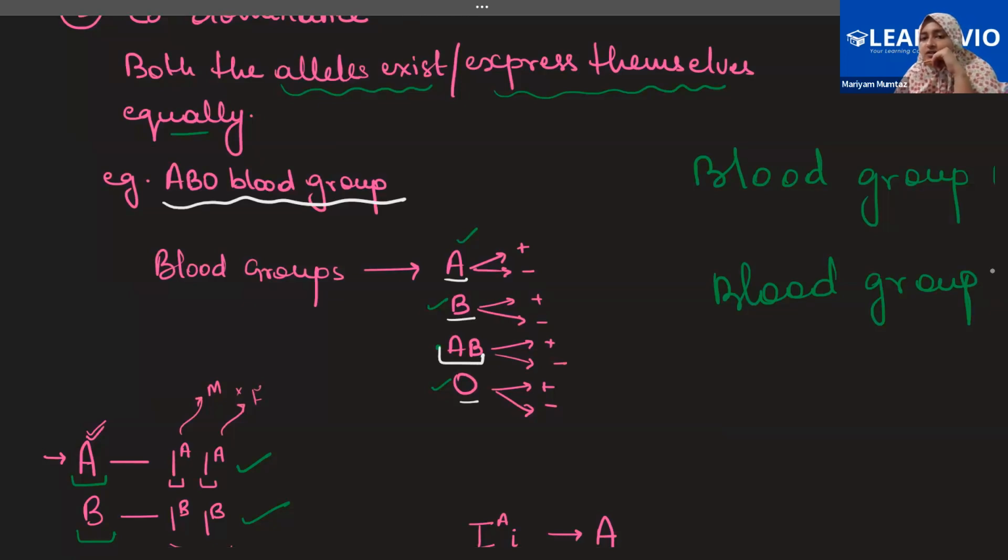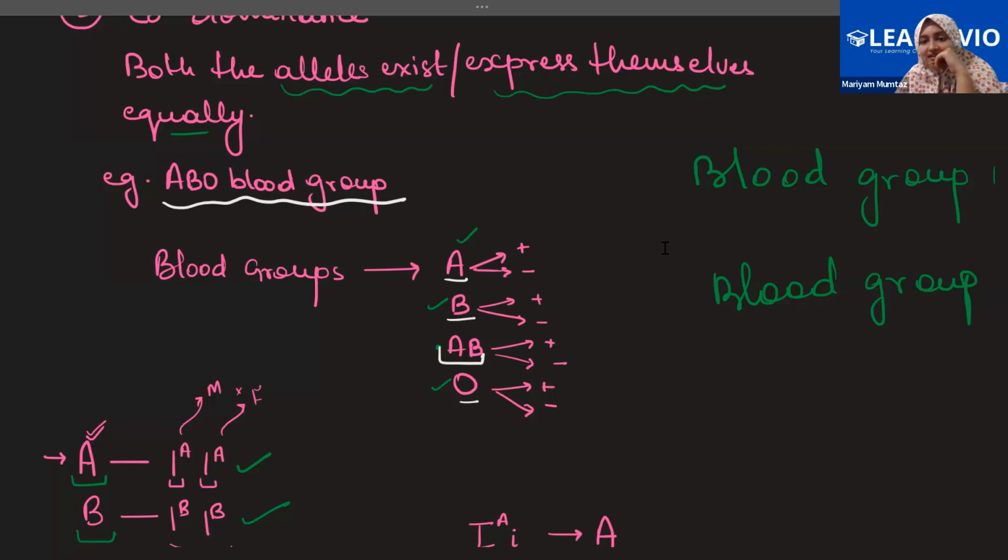How many of you are AB positive or negative here? Is there anyone with AB blood group? Also, how many of you are A? None of you are A blood group holders. How is that possible? I have so many students in the class and none of you are A positive or negative. Okay, how many of you are B group blood group holders? Me. That's me. Okay. And then who is O?